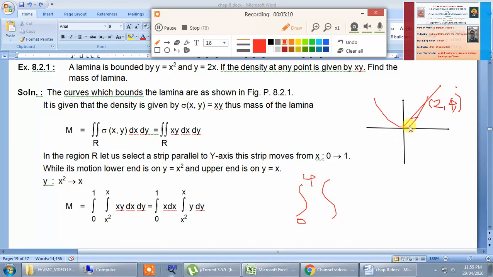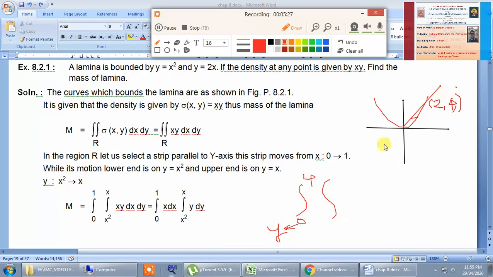During its motion, you can see the left hand is on the straight line y equal to 2x. We already got the y limits, which are y equal to 0 to y equal to 4.